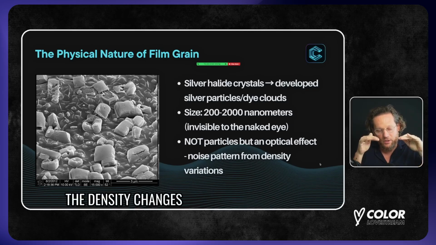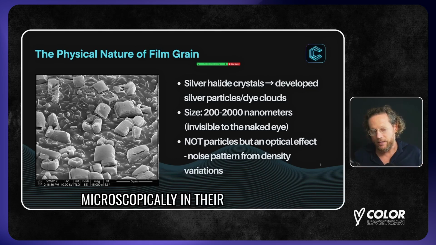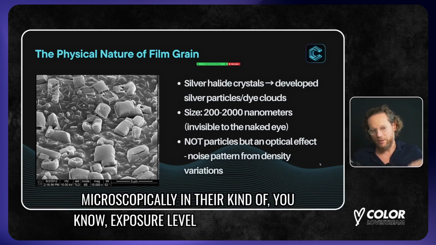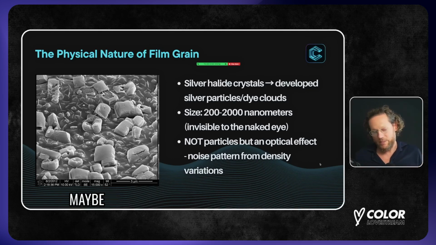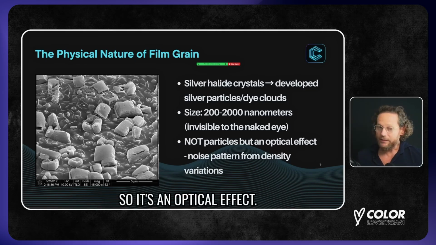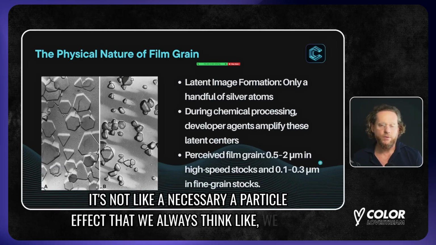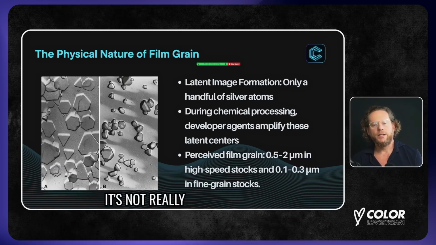The density changes means that they vary microscopically in their exposure level. Maybe that's the best way to describe it. So it's an optical effect, really. It's not necessarily a particle effect where we always think, oh, we just put noise in. That's not really what happens.